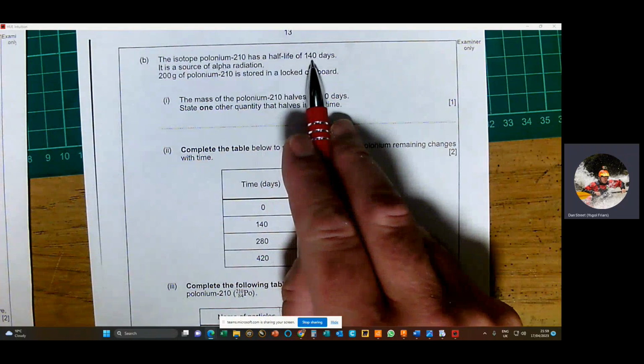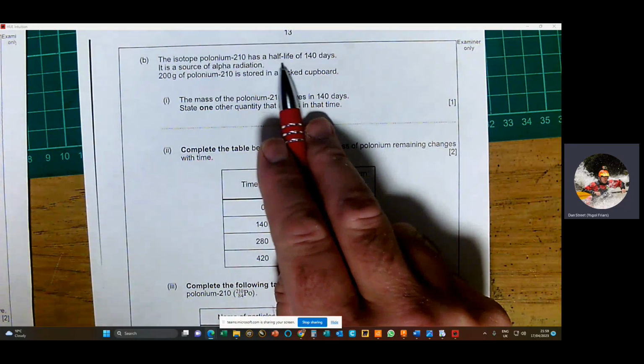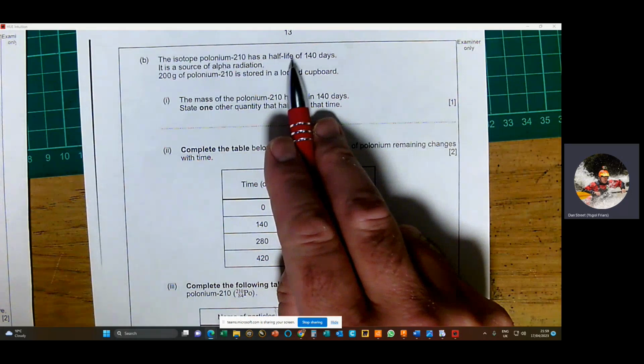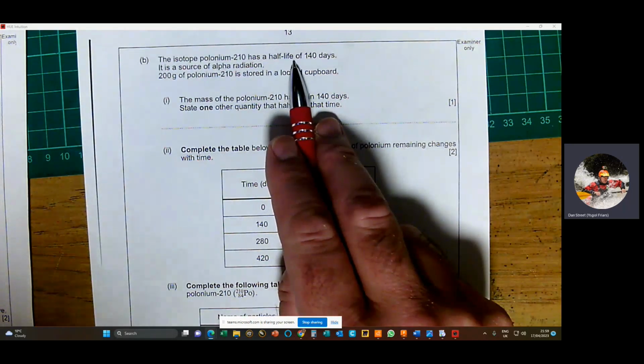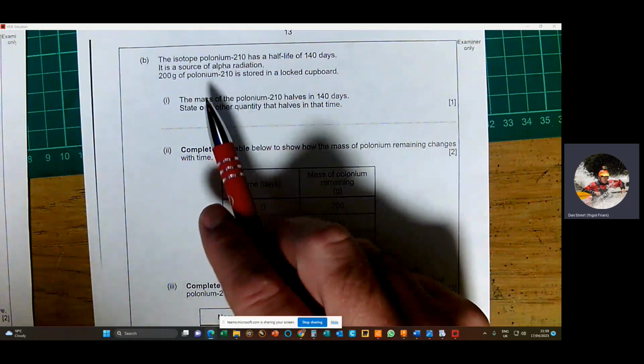And it has a half-life of 140 days, so you need to understand that half-life is a time period where half of the polonium-210 will disappear due to radioactive decay.